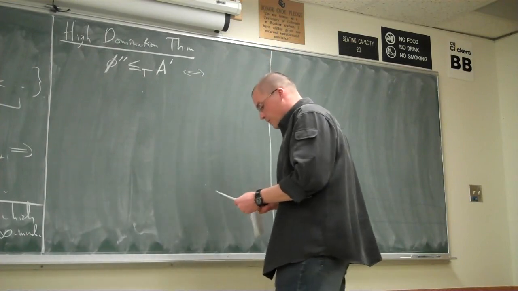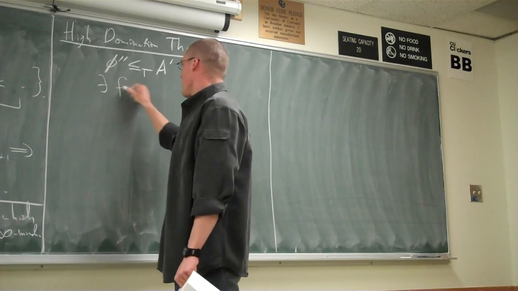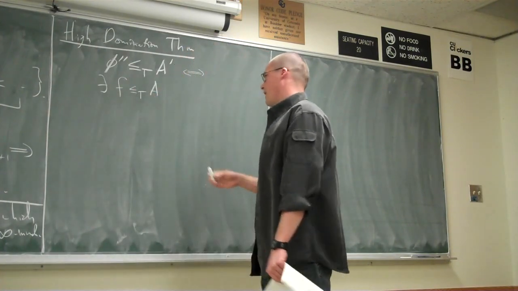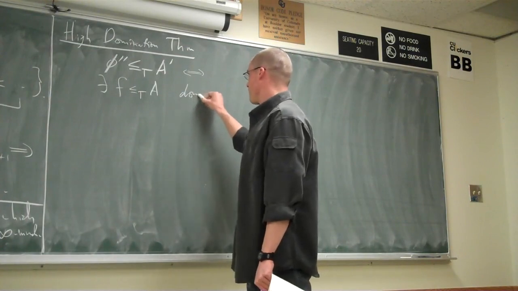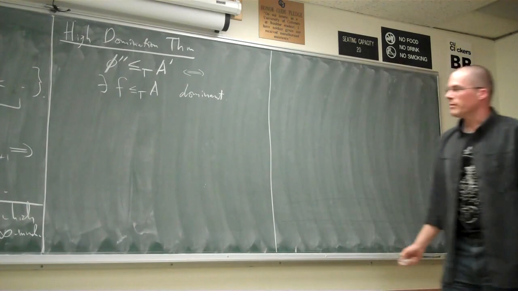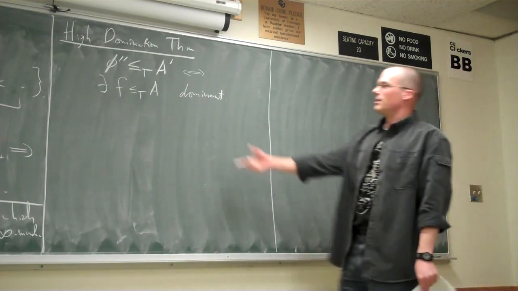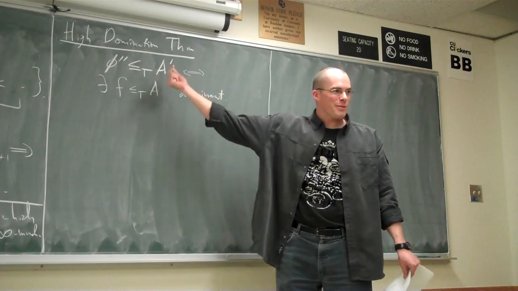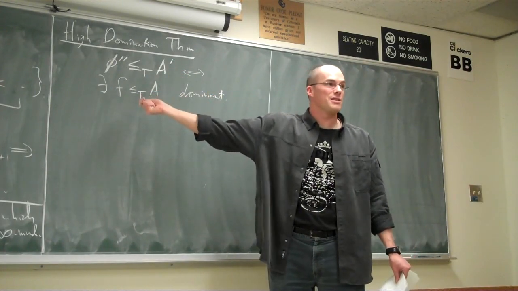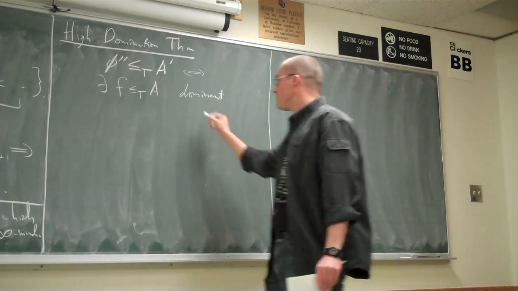This is equivalent to there exists an F Turing reducible from A, which is dominant. So its power as an oracle can be characterized in terms of this one specific type of function which is computable from A. So what does it mean to be dominant?